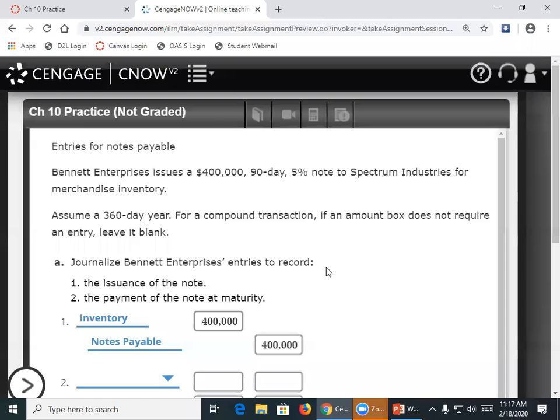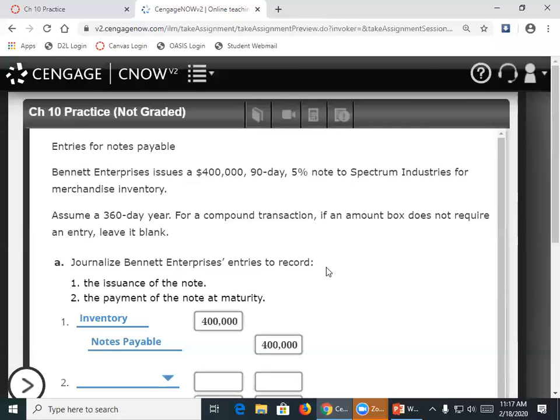Perfect. 400,000 face amount times the 5% annual interest rate times the time, which is 90 over 360. So again, our interest calculation is the same. How much interest have we accrued on this note? 5,000. 5,000, perfect. And we have $5,000 in interest.